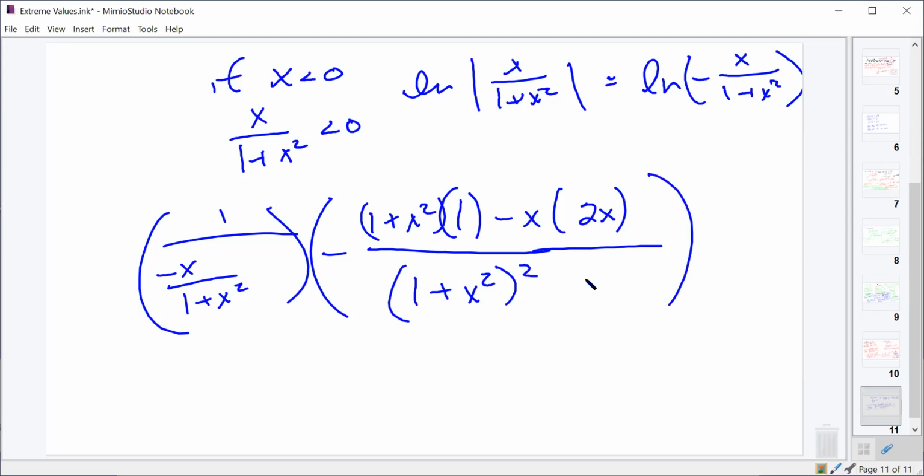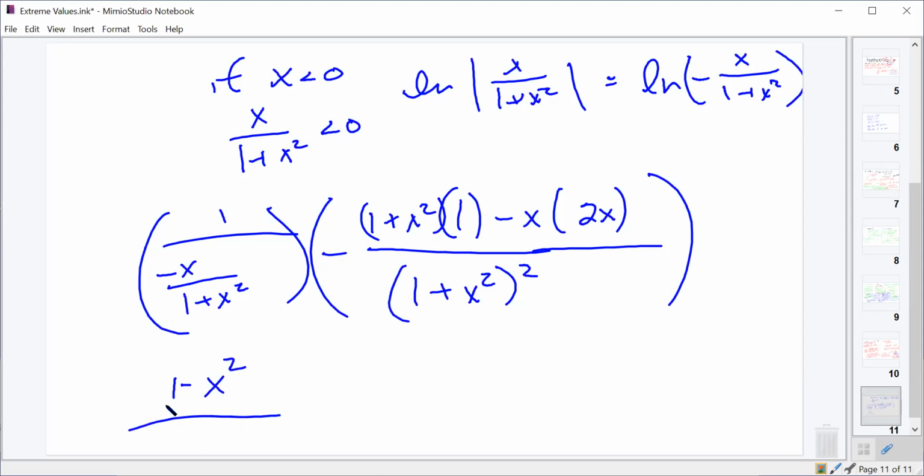Basically the same derivative, except the first piece of it has a negative sign and the second piece of it has a negative sign. So when I multiply those two negatives together, I'm going to get positive. And I'm going to end up with the exact same derivative that I had for the other one.